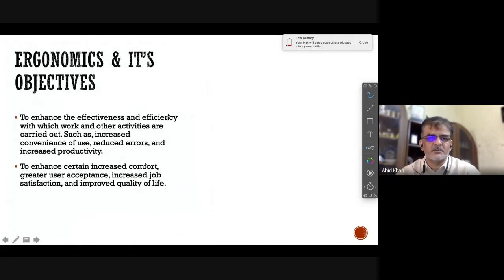The basic objectives of ergonomics are to enhance the effectiveness and efficiency of work and other activities carried out, such as increase convenience of use, reduce errors, increase productivity, reduce reaction time, high performance, and a very low number of injuries. So we can assess any system, the existing one and the modified one.